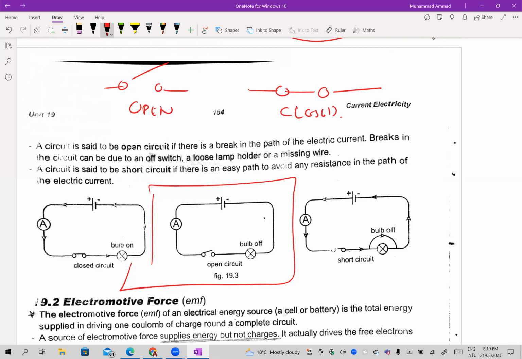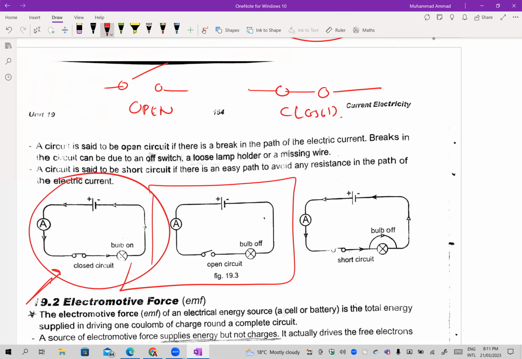All right. So look at figure 19.3. This figure basically represents an open circuit where the switch is also open, and the circuit cannot be completed. There's a break. Then look at the first one, the closed circuit here. This is a closed circuit. The switch is closed and current has a complete channel to pass through.